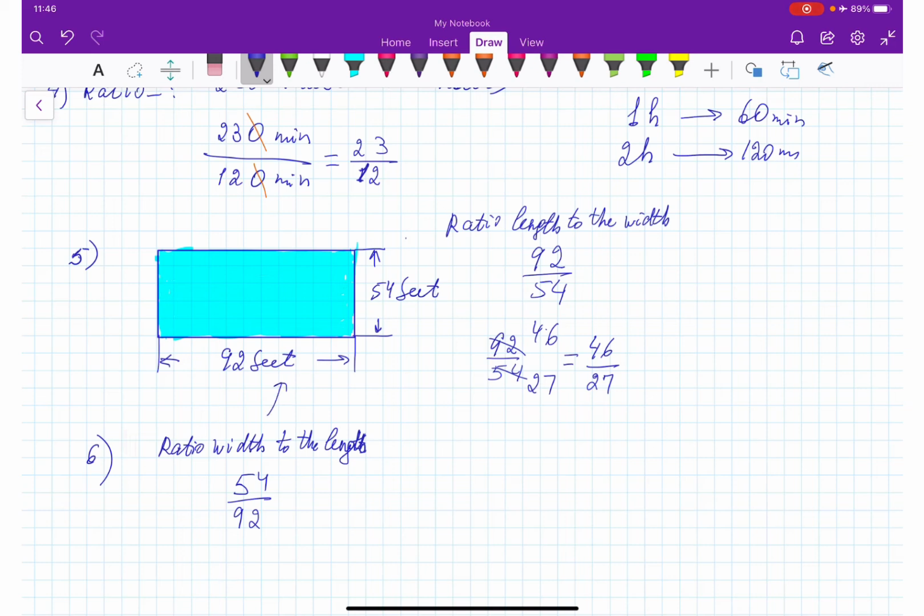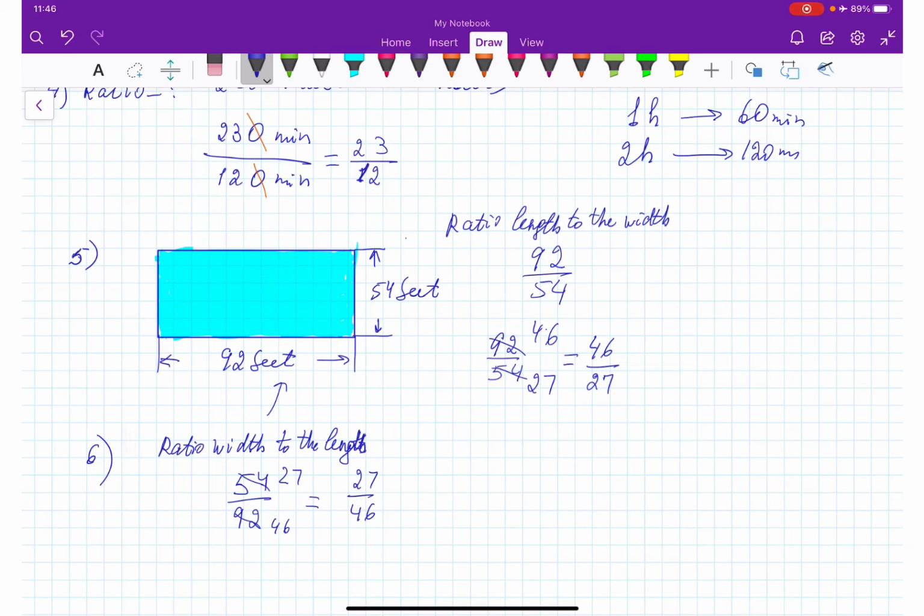So it's going to be width to the length. Okay, so 54 over 92, which is going to be what? If I simplify by 2, it's going to be 27 over 46. And the ratio is going to be 27 over 46.